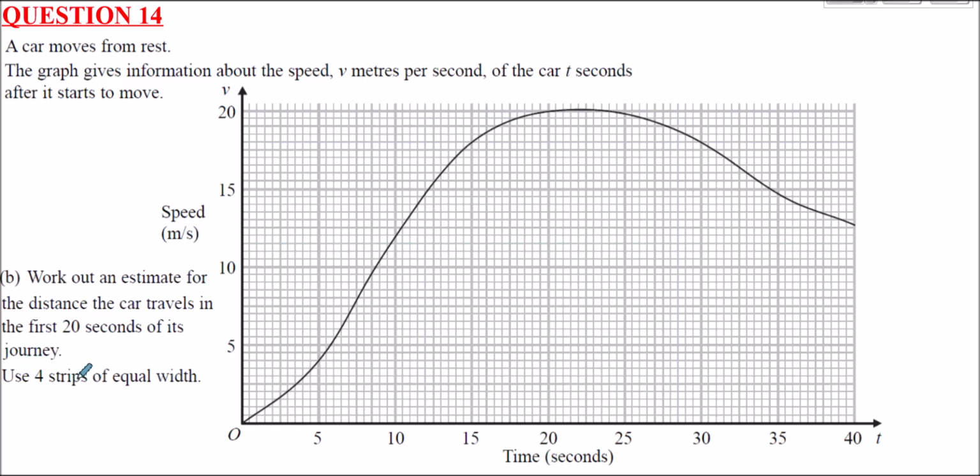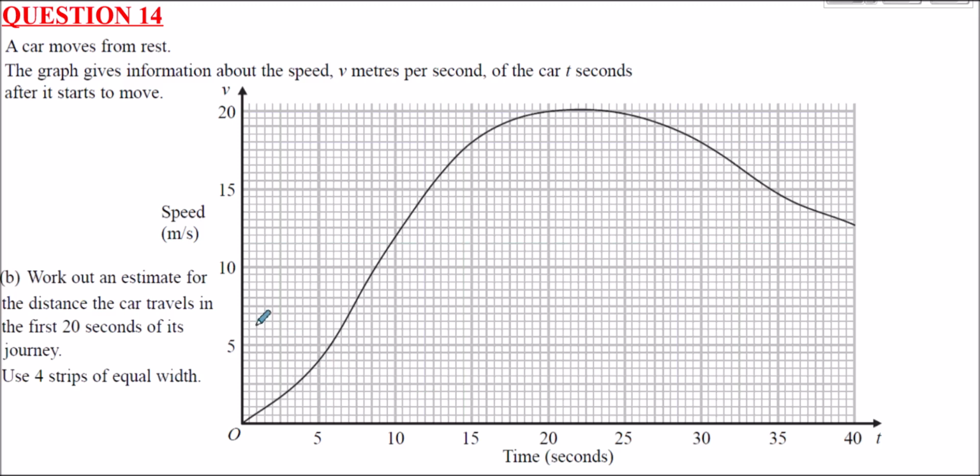Now, if we're using 4 strips of equal width, it's going to be 20 seconds divided by 4. Each strip is going to be 5 seconds wide. So we're going to draw lines at 5, 10, 15, and 20, and then we're going to draw diagonal lines joining these vertical bars together.